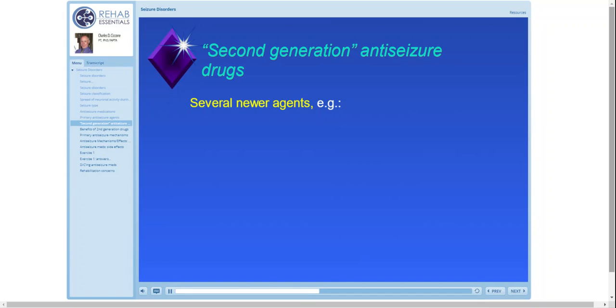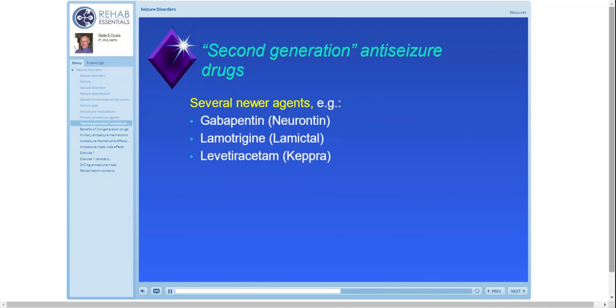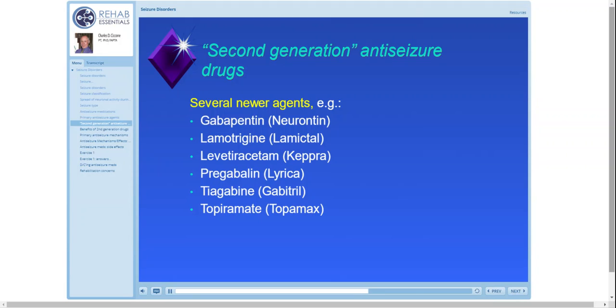For example, drugs like gabapentin, Neurontin, lamotrigine, Lamictal, and you'll recognize several of these trade names. Keppra, another one, Lyrica, very common trade name, Gabitril, and Topamax, and there are even a few others in this category. So these drugs all of a sudden started to come flying onto the market.